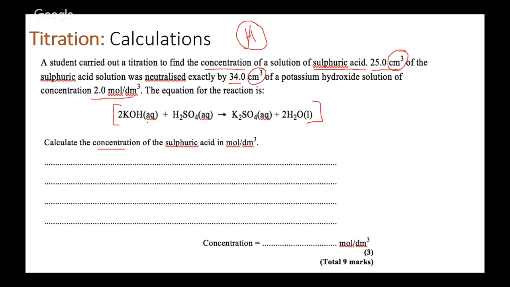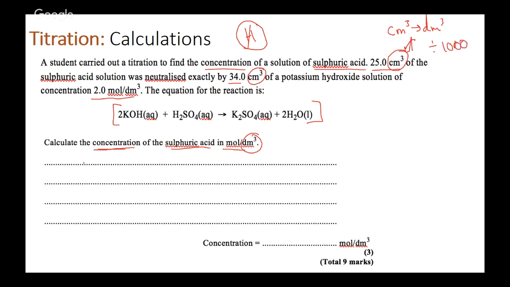So this needs to be balanced, make sure that it is. They've already done that bit for you in this case. And we've been asked to calculate the concentration of the acid in moles per decimeter cubed. So that tells us that we need to change this to decimeters cubed by dividing by 1,000 to get our units correct.